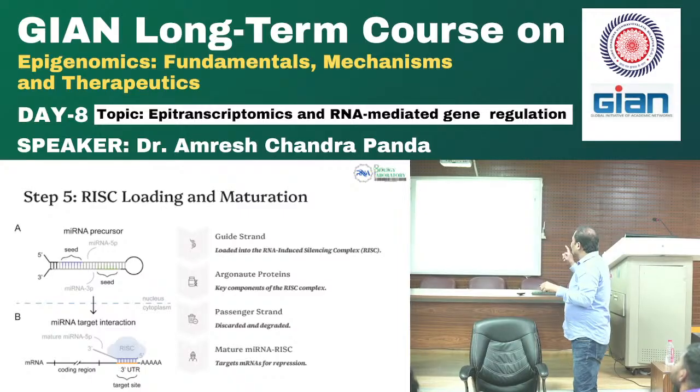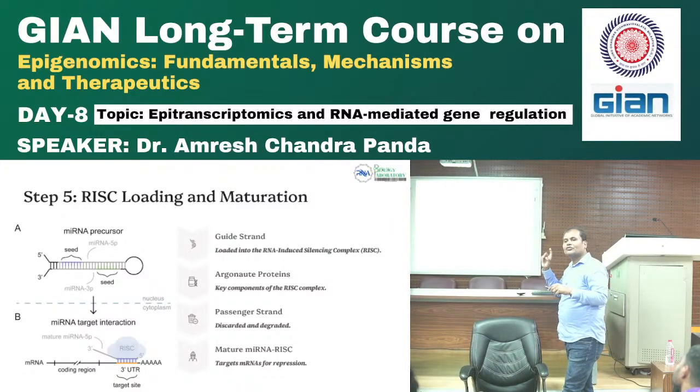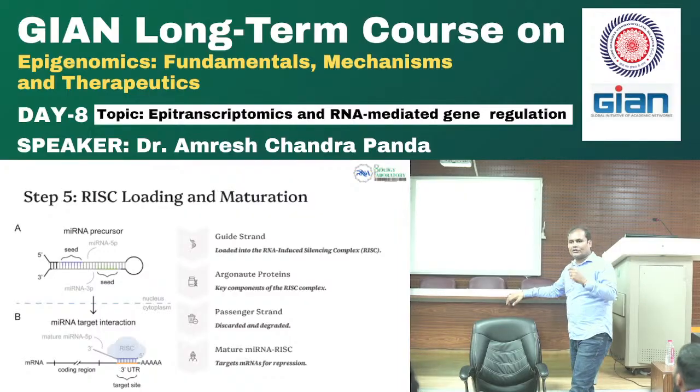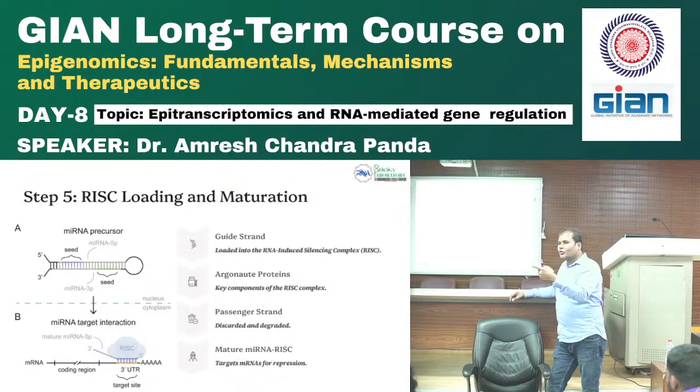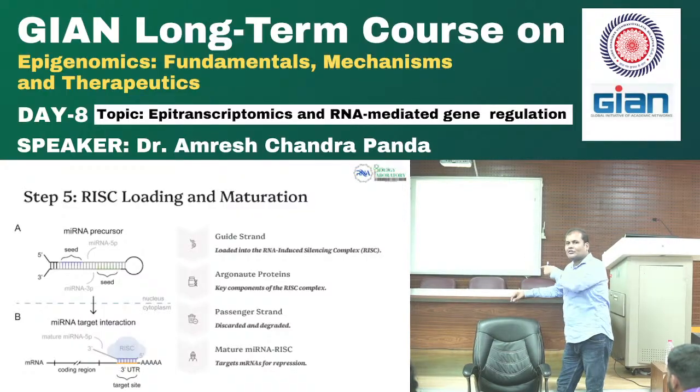But there are microRNAs which don't follow the regular pathway. The regular means what I said: transcribe, then process through DROSHA, and then go through Dicer. But some microRNAs do not follow that exact pattern.